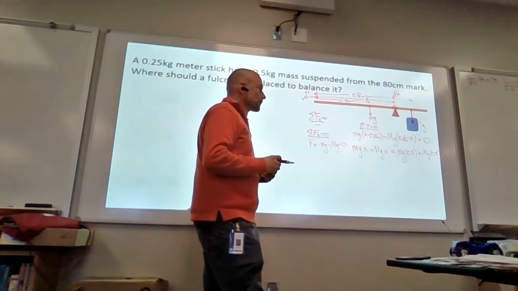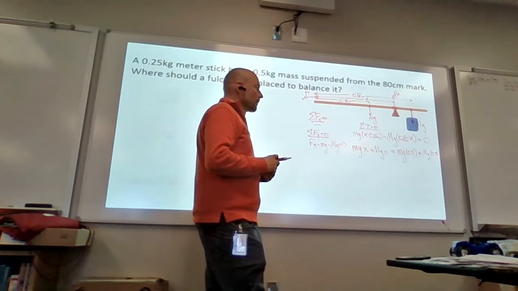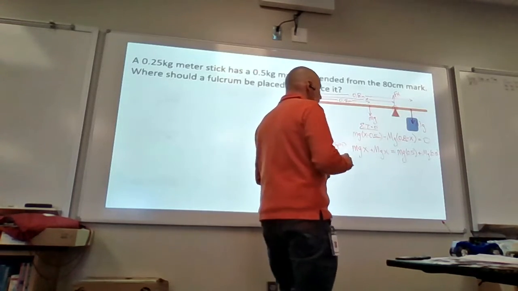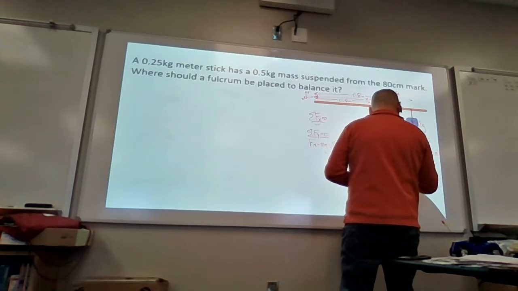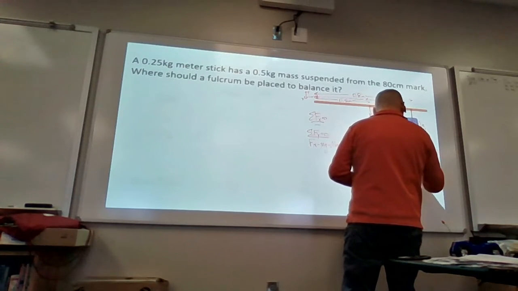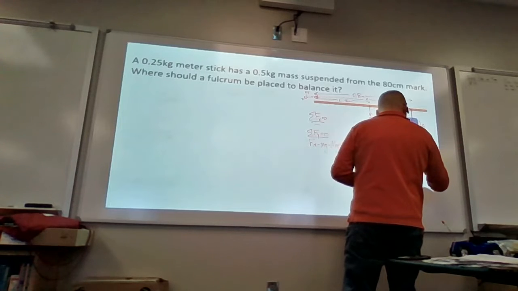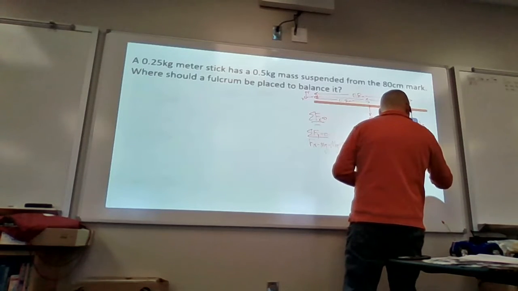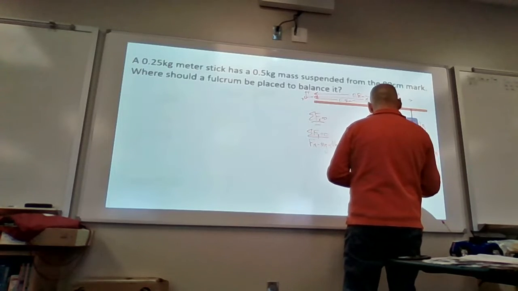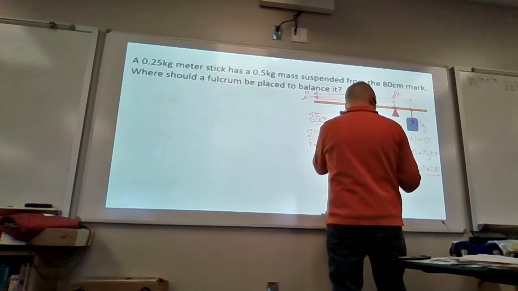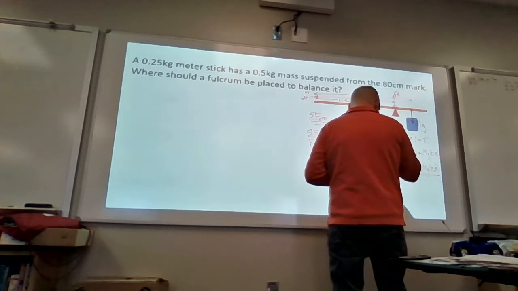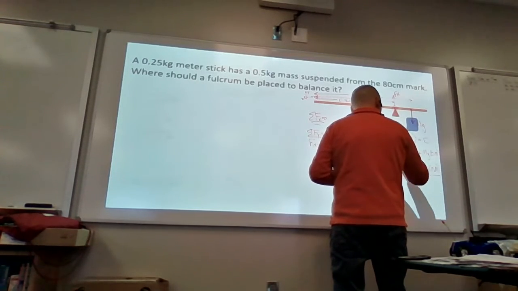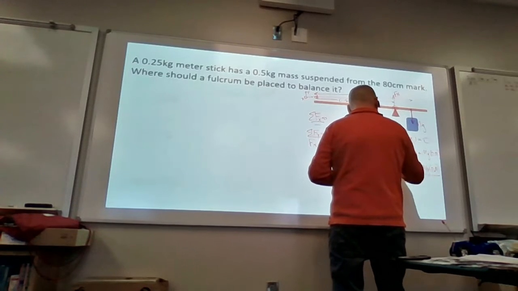So we get that to be mg(0.5) plus mg(0.8) over... you can actually factor out a G. Could factor out a G, and that'd be a good idea. Let's go ahead and do that. I like it.